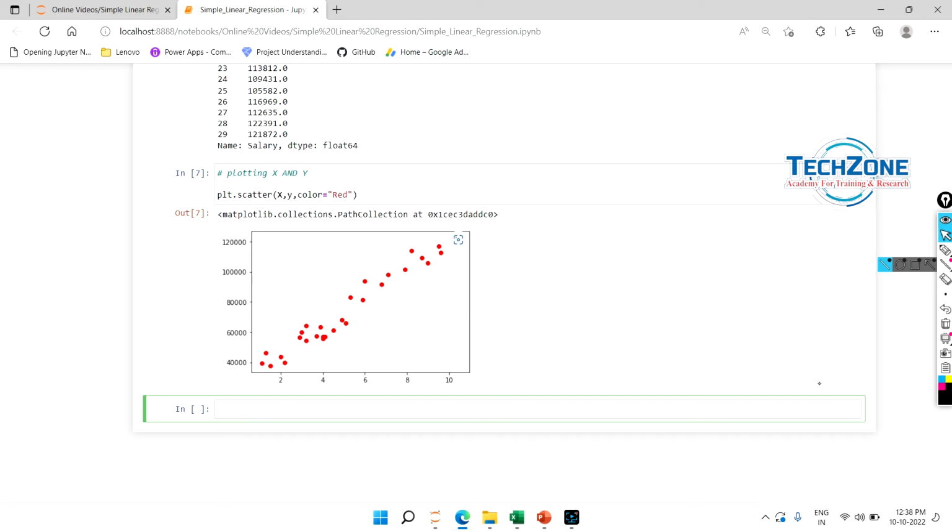That means we can draw a straight line like this. A best fit line can look like this, because this data is distributed in a linear fashion, or it is sort of linear. That is the reason why we are using linear regression here.